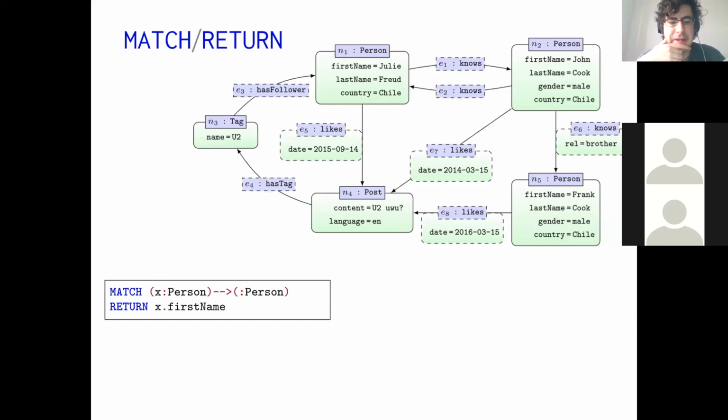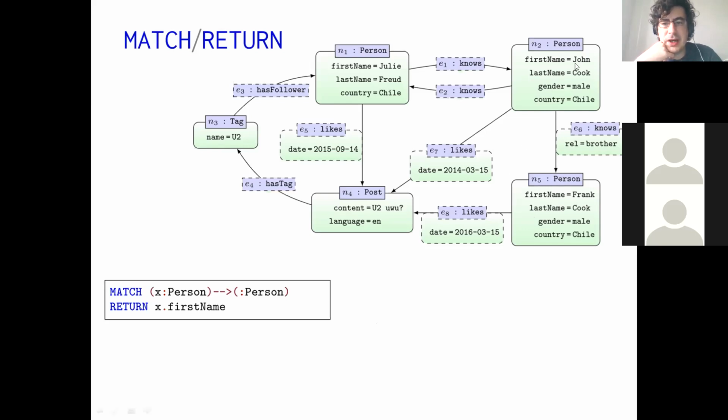So we're returning the first names of people that link to other people with some edge. John and Julie, right? Yeah. So Frank, no. Frank doesn't link to another person. Linked to by a person, but doesn't link to a person. So what we have is Julie and John.